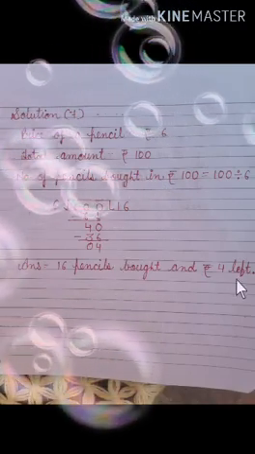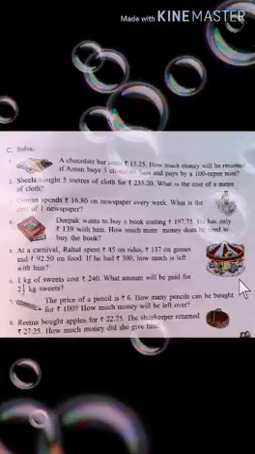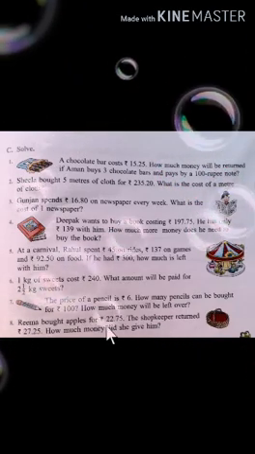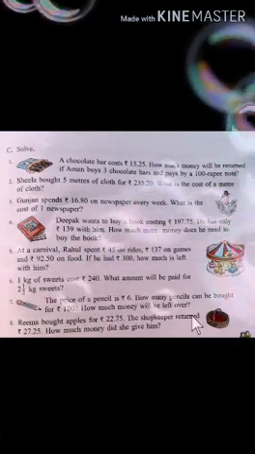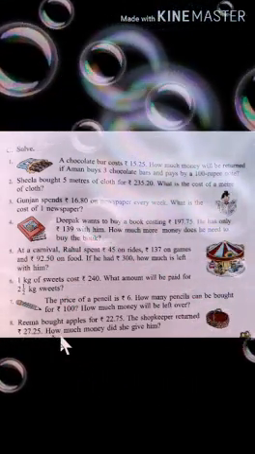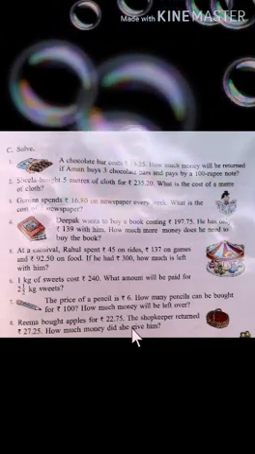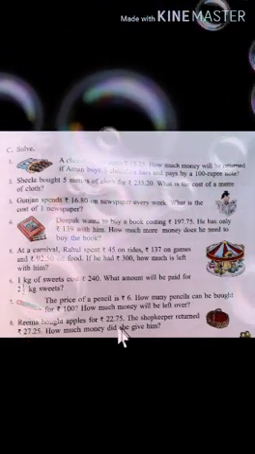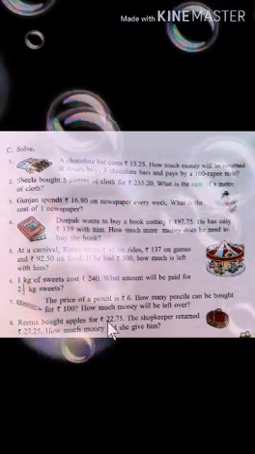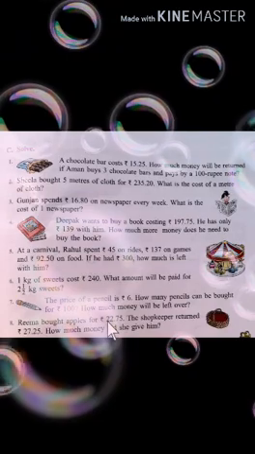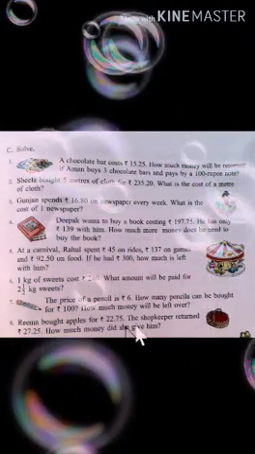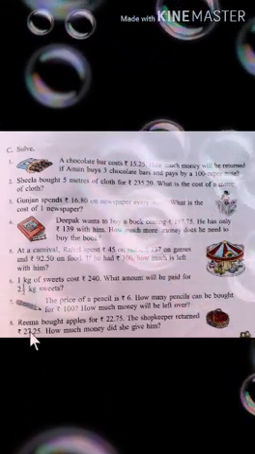Now students, the 8th question. This is the last one of this exercise. Rima bought apples for rupees 22 and 75 paise. The shopkeeper returned rupees 27 and 25 paise. How much money did she give him? It means first you check it properly. She bought apples for rupees 22 and 75 paise, that is the cost of the apples, and the shopkeeper returned to her rupees 27 and 25 paise.